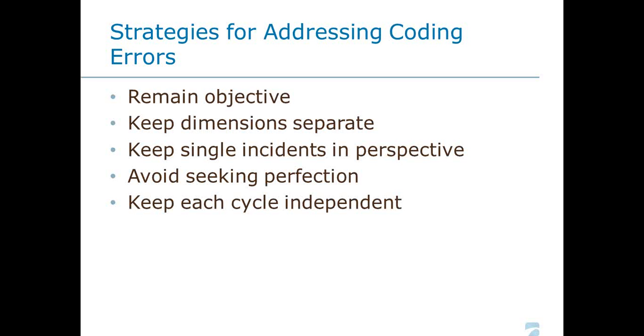And then finally, the last strategy to think about to help your trainees is to keep each cycle independent. And I know that I have oftentimes had people overcode cards and letter stamping because it's just so much better than the Making Butterflies teacher.